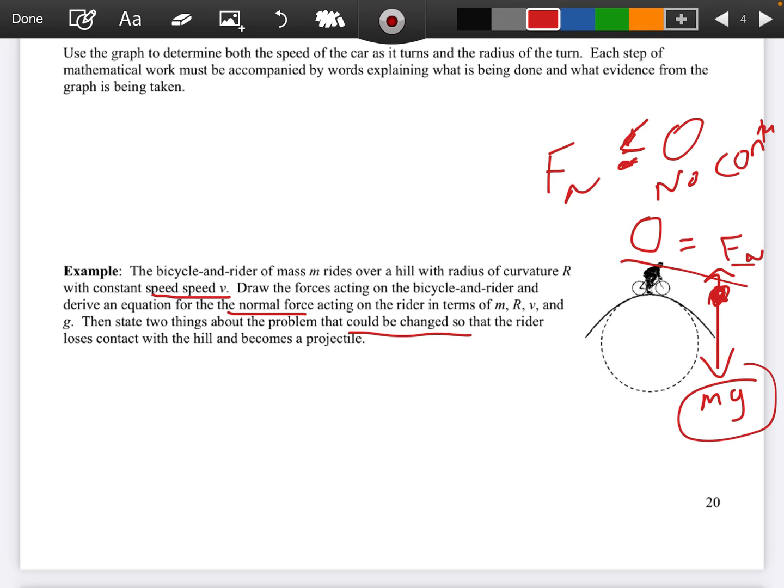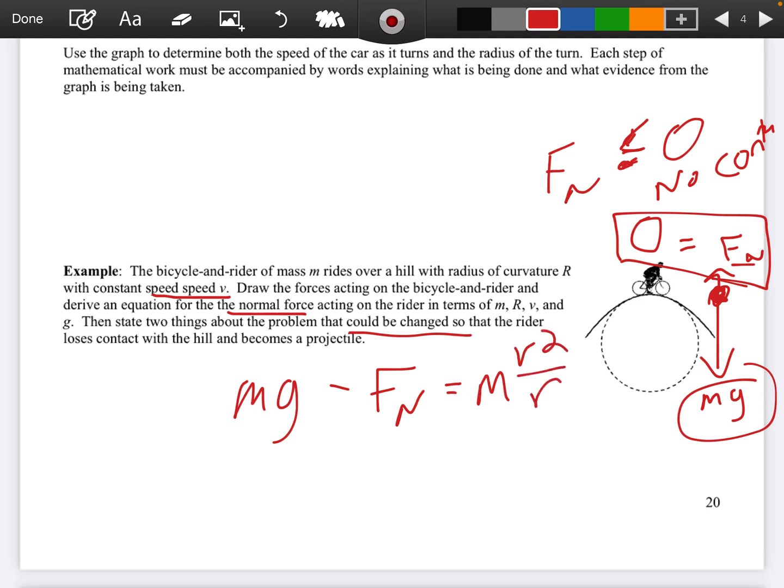So let's go ahead and derive an equation for the normal force where the normal force equals 0. We'll do the stuff that makes it go minus the stuff that holds it back. Stuff that makes it go, mg, minus the stuff that holds it back, Fn, equals m times a. It's a circle, so it's going to be v squared over r, centripetal acceleration.